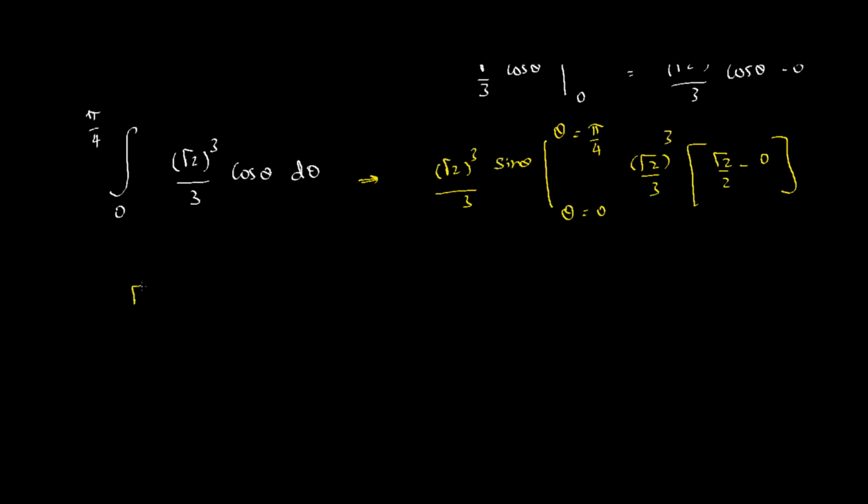So if we simplify this, you get root 2 to the power of 3 divided by 3 multiplied by root 2 over 2. If you simplify this even more, you get 2 root 2 divided by 3 multiplied by root 2 divided by 2. This 2 cancels, and root 2 times root 2 is equal to 2. 3 times 1 is equal to 3, and this is the final answer.